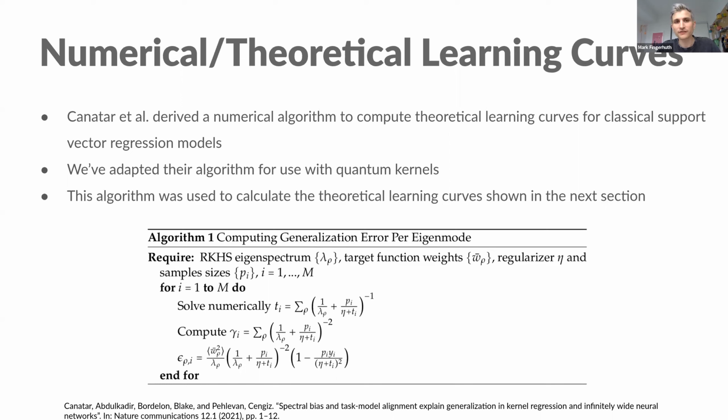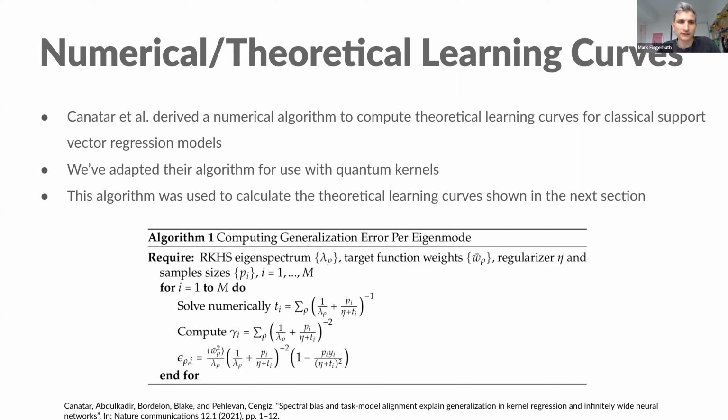They also derived a numerical algorithm that allows you to compute the theoretical learning curves for these types of models. They extensively researched different types of models in the classical world, and were able to draw some really awesome conclusions that they also managed to back up by experiments.